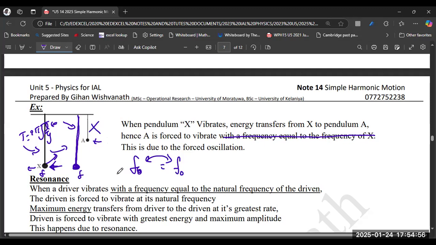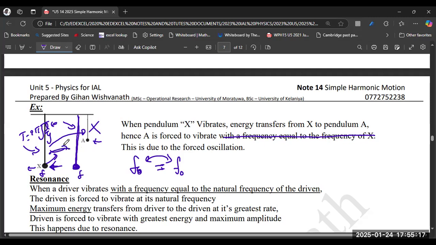The length is different. So if two bodies are there with the same natural frequency, a special event is occurring, that is, here to here the energy is transferring. So pendulum A will be forced to vibrate due to forced oscillation.